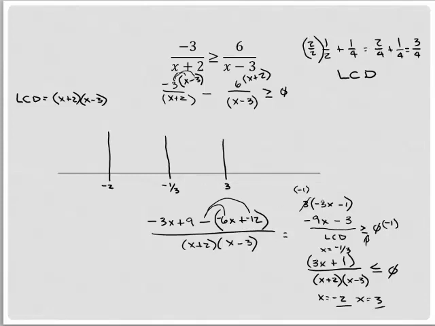Okay, let's find the product. We'll start with 3x plus 1, and we'll add the x plus 2, and we'll add the x minus 3. Those are all of our binomials.